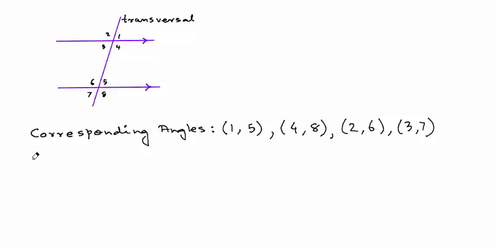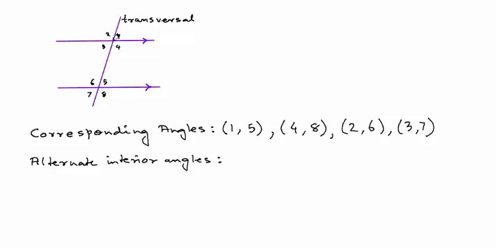The next type of angle pair is called the alternate interior angles. Alternate because they lie on the opposite sides of the transversal. Interior because they lie within the two straight lines.